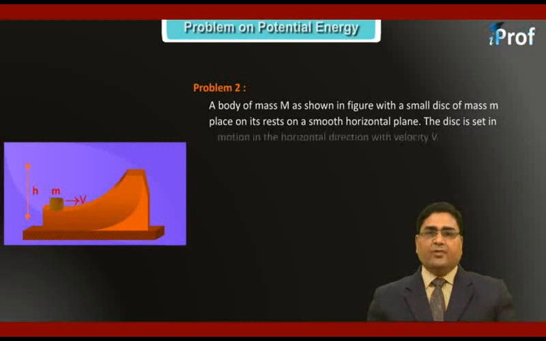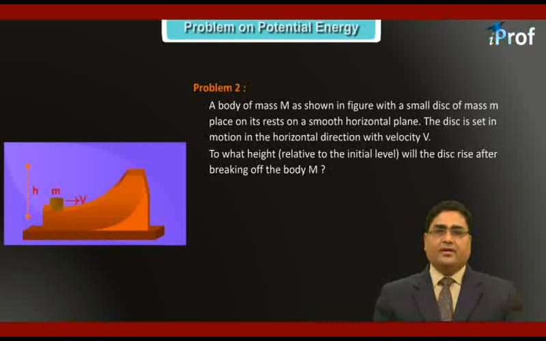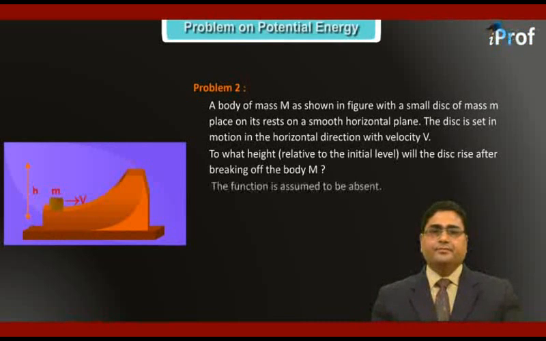If the disk is set in motion in the horizontal direction with velocity v, then to what height relative to the initial level will the disk rise after breaking off the body of mass capital M? The friction is assumed to be absent.